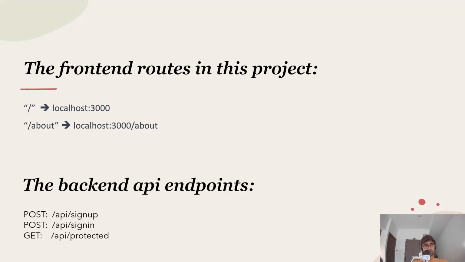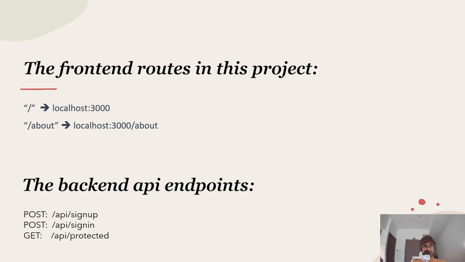In summary, we created 3 endpoints on the backend, 2 post requests and 1 get request. The post requests were responsible for signing in and signing up, and the get request was a backend logic to validate the authenticity of the users who were using a certain service.